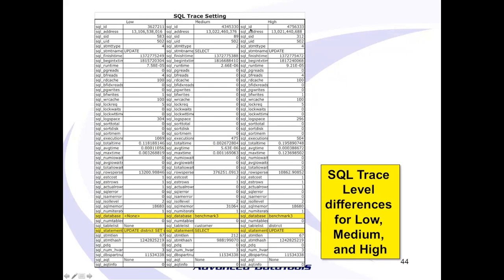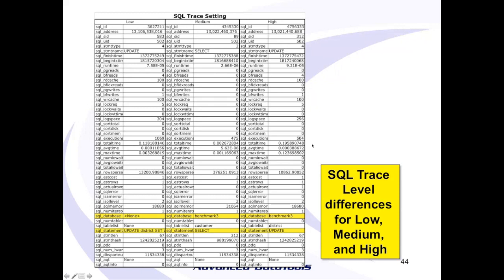So here's an example of what you get with low, medium, and high. And as you can see, with low, you don't get the database name. With medium, you do get it. In low, medium, and high, you get the full SQL statement. But you get times. You get things like how long did this query take?